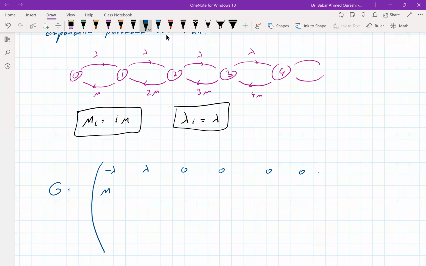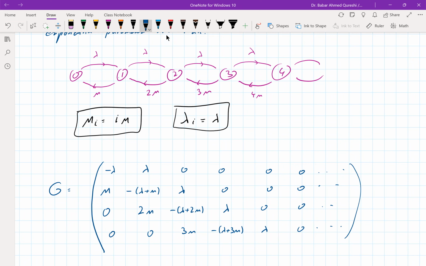Gamma 1, 2 is lambda. And this by rules is this. Then I have 0, 2 mu. This stays lambda. Minus lambda plus 2 mu. 0, 0, 3 mu. Minus lambda plus 3 mu. This is lambda. And so on.